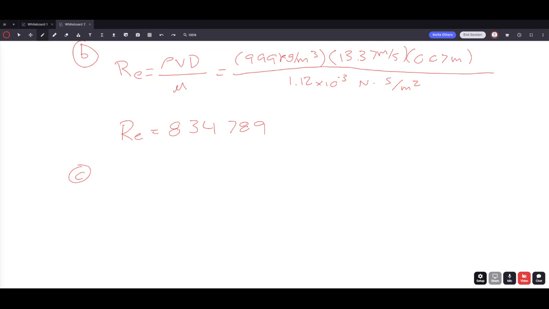So efficiency is defined as rho G Q head gain from the pump over shaft work, power from the shaft. So basically the top is what you're getting out, the bottom is what you're putting in.